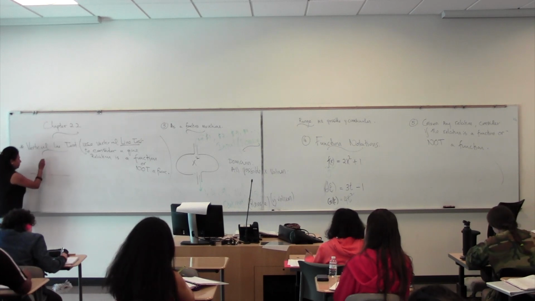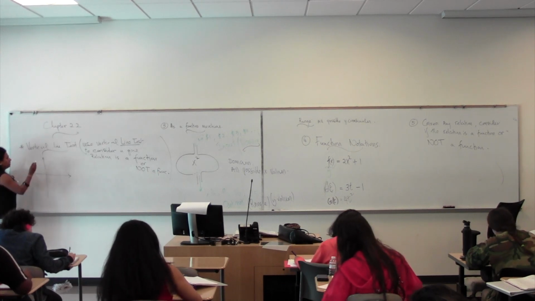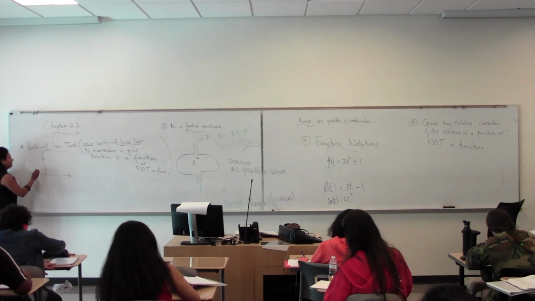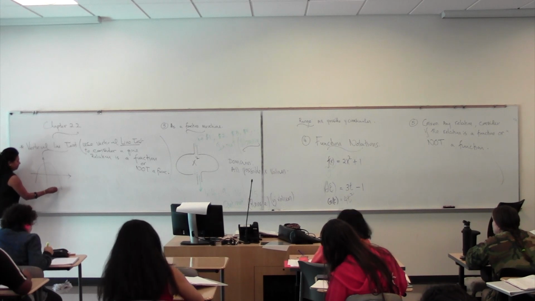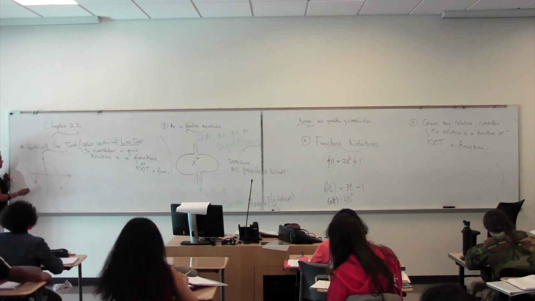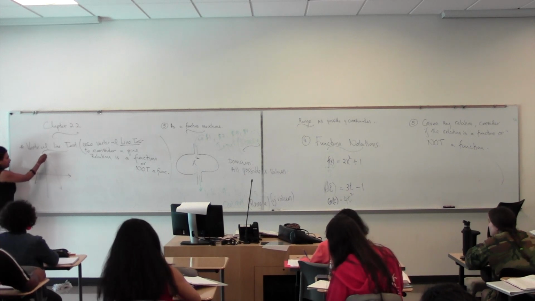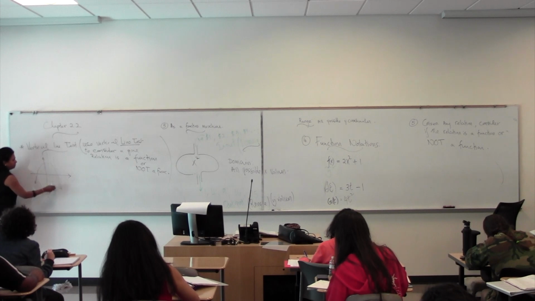So let's go through this. We said a graph like this, a parabola, is a function. So the vertical line test is this. You draw vertical lines.